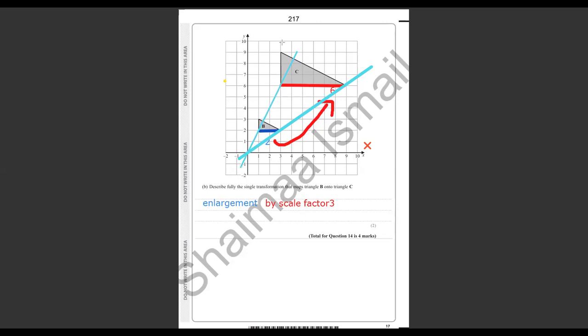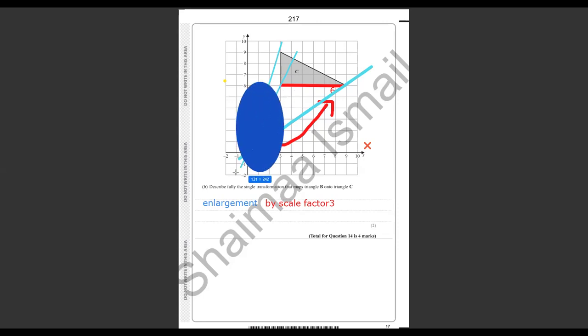When you join the 3 lines, they meet in between here. We have the origin, which is 0, because it is the joining point.